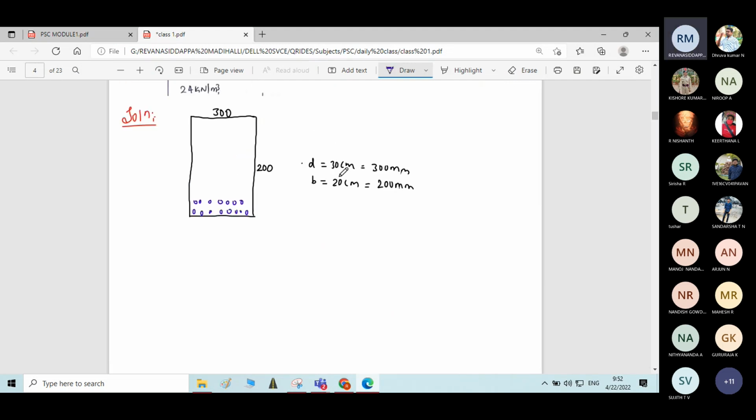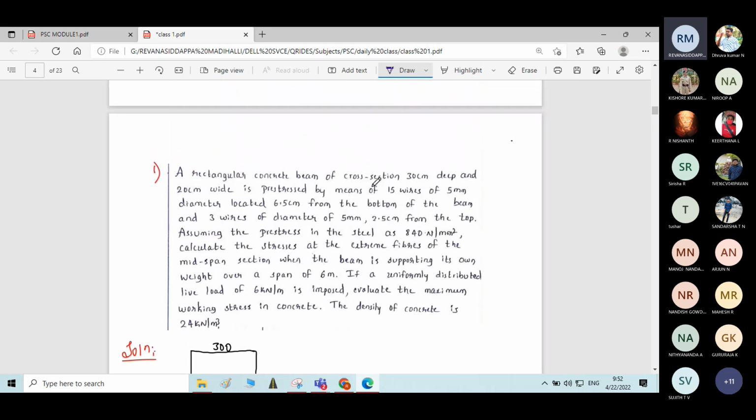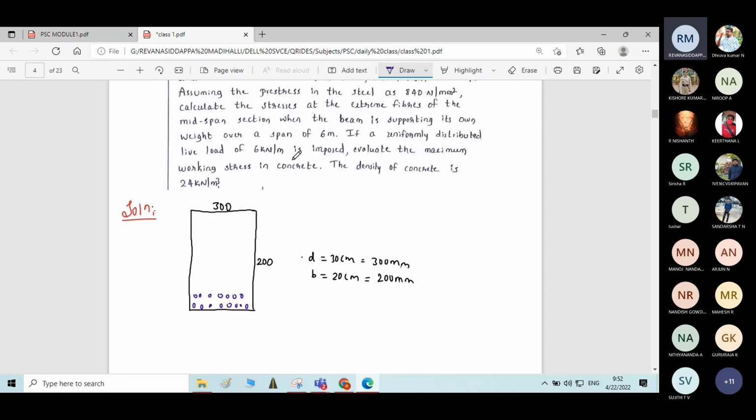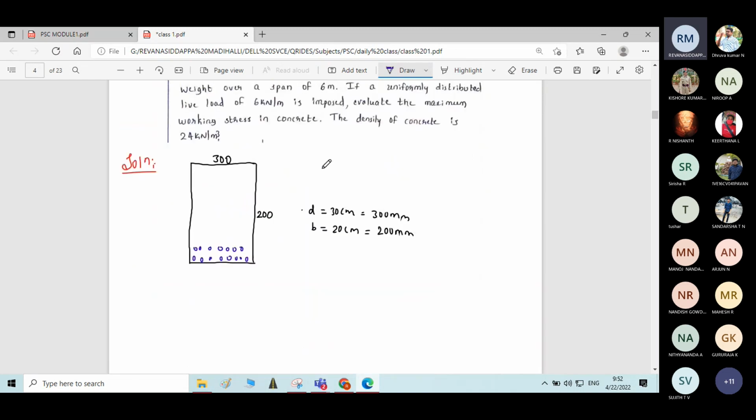So 15 numbers, and their centroid is located at 6.5 centimeter, which means 65 mm, from the bottom.